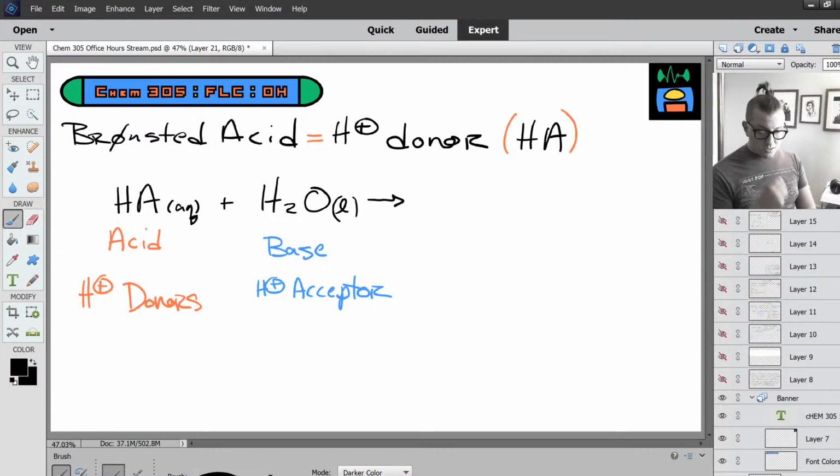Now, we're going to do the same thing that we did in the previous part of this problem, so this is good repetition. A base, when it donates a proton, is going to lose one of its H's, right? So instead of having 2 hydrogens, it'll only have 1.